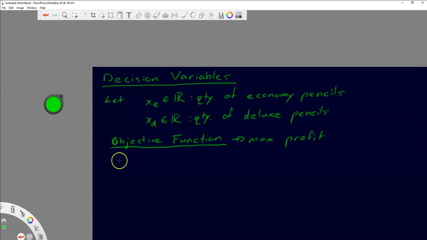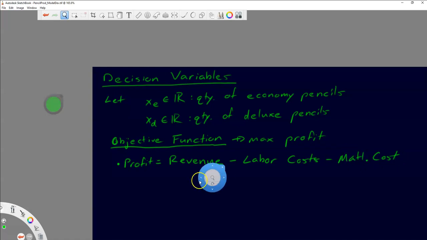And so we need to think about first, well, what is profit? Well, that's going to be the revenue we create from selling the products minus, we're going to have some labor cost in here, and then minus also the material cost.